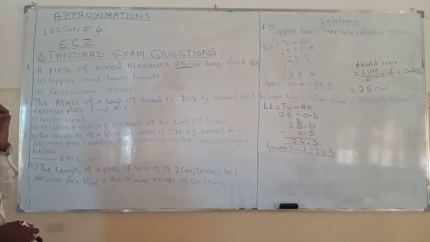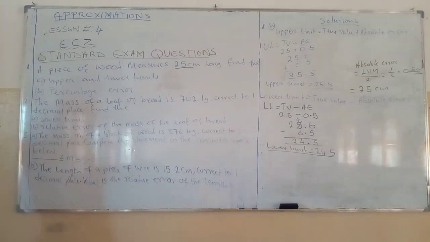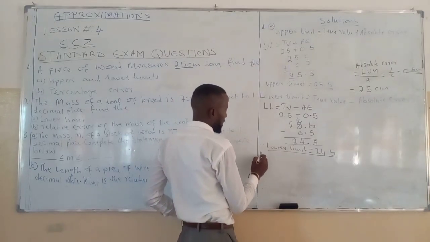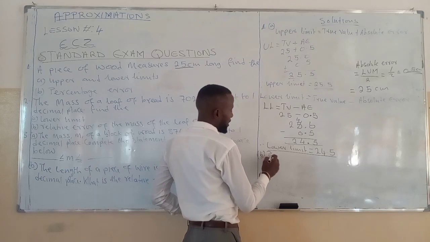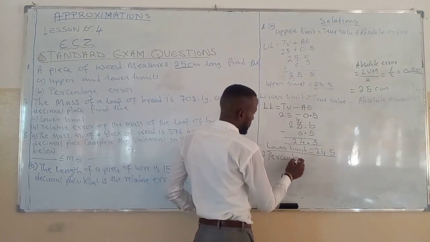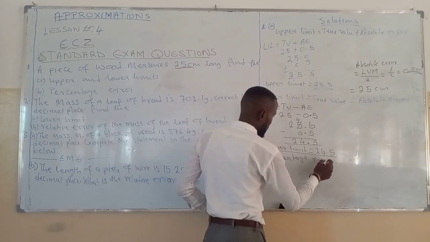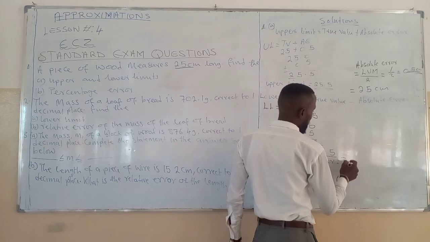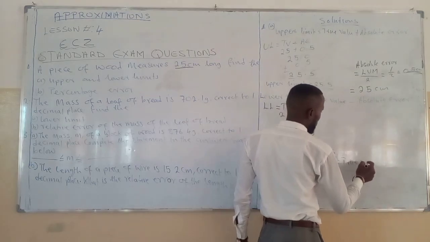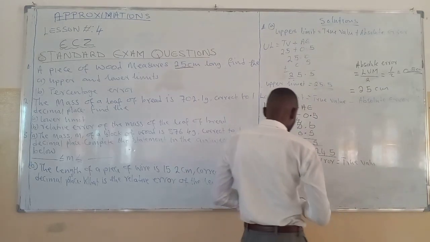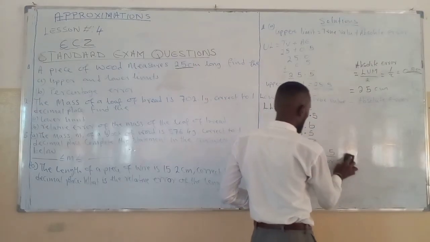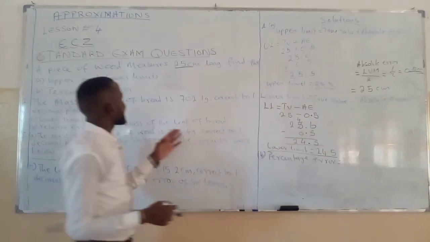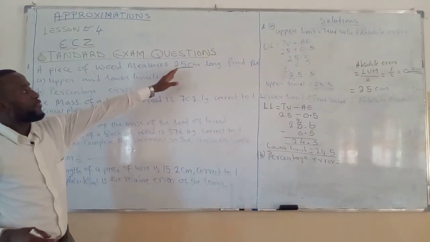Now let us move on to find the percentage error. So what is the formula for finding the percentage error? So now we are simply saying B. Percentage error, when you look at this question, it only has one dimension.